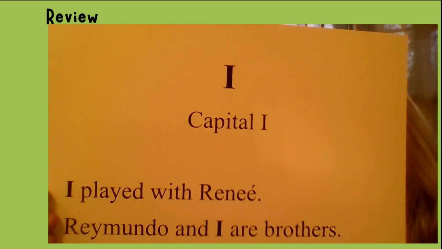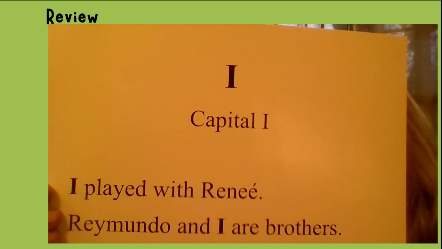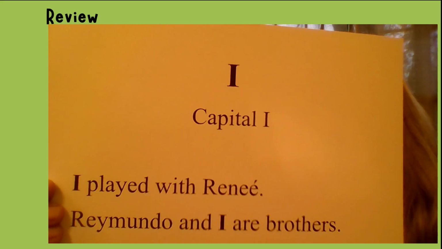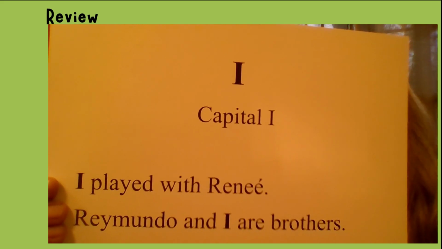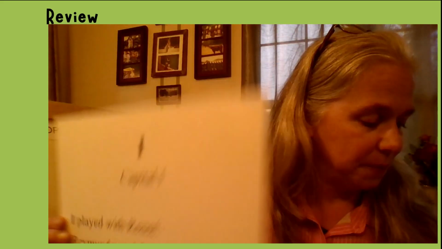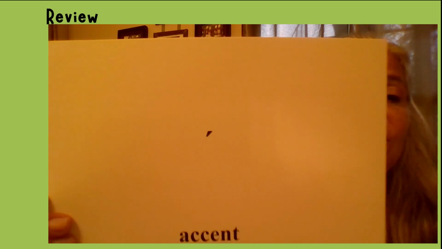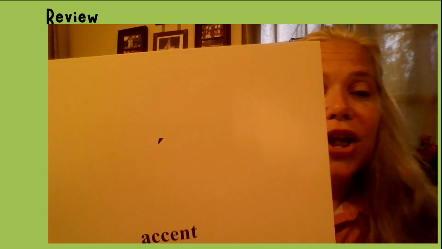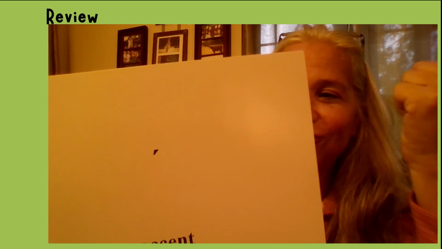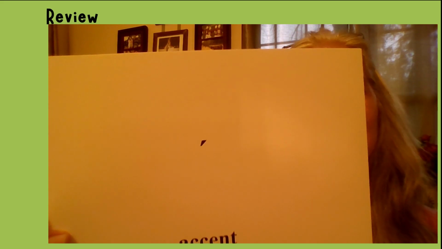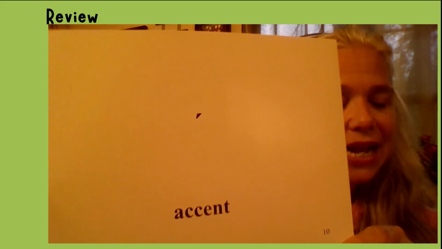Capital I. In English, the word I, meaning myself, is always written with a capital letter, no matter where the word I is found in the sentence. When a syllable is accented, the voice is louder, longer, and stronger. In English, the first syllable is usually accented.